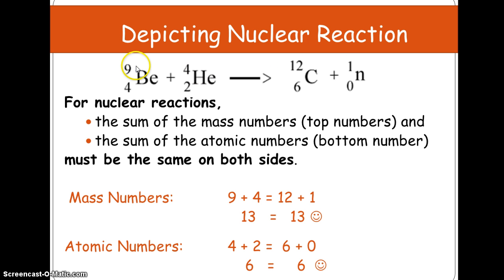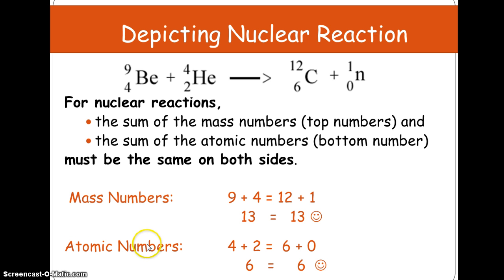So on the left side, we've got mass numbers of 9 and 4. 9 and 4 add up to 13. Let's check on the right side. Here we've got 12, and here we've got 1. 12 and 1 are also going to add up to be 13, so this checks out. We've got the same mass numbers on the left and the right sides of the equation.